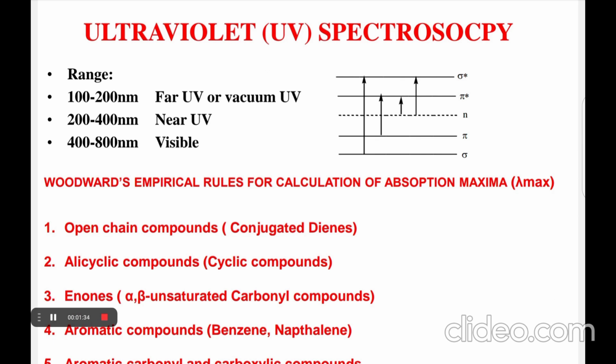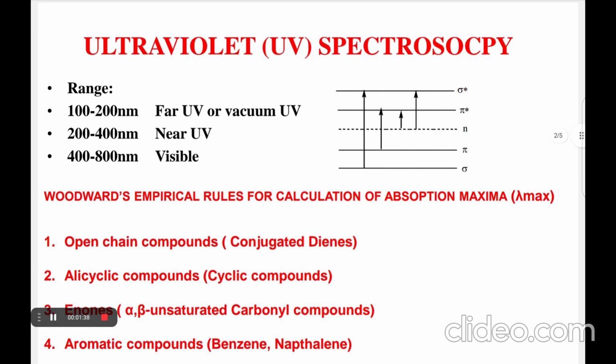Visible range means VIBGYOR or color occurs in this region, and the UV region is further classified into two types. One is the vacuum UV. Vacuum UV means we use vacuum conditions, because if oxygen or any other gaseous molecule is present, it is going to ionize that molecule. That's why we have to create the vacuum. And 200 nanometer to 400 nanometer we call the near UV region.